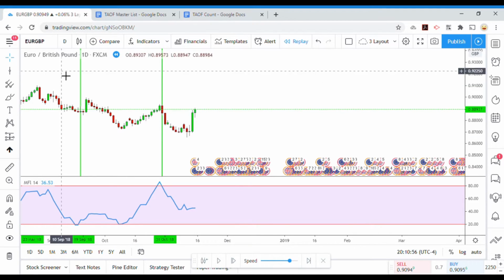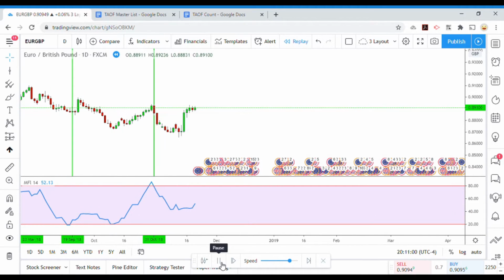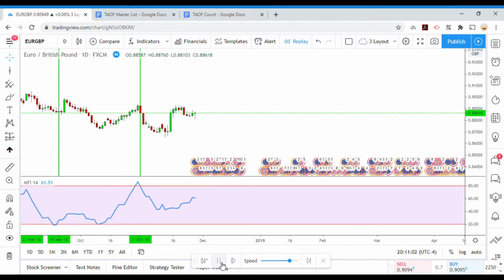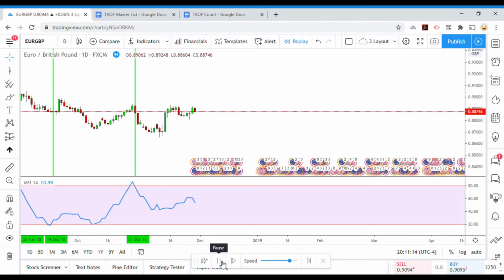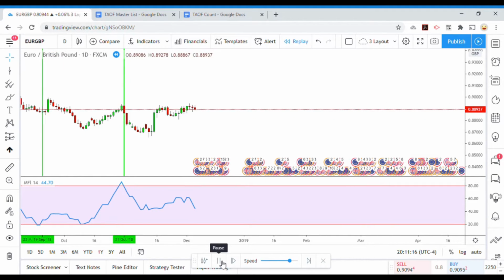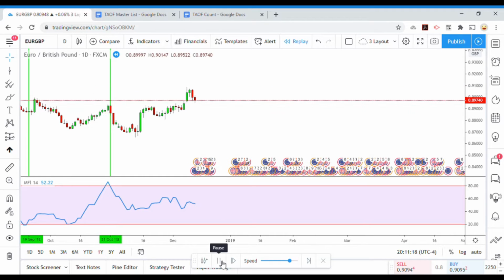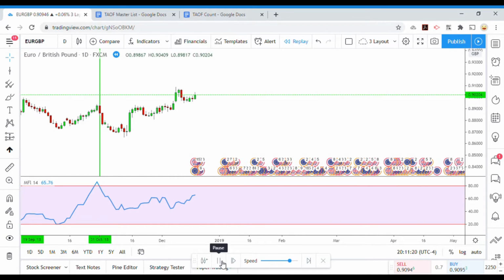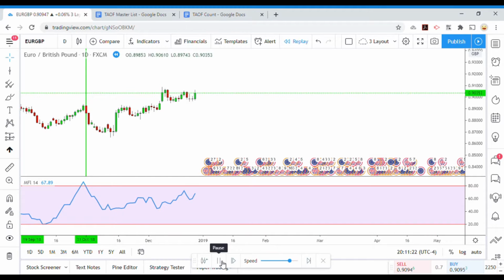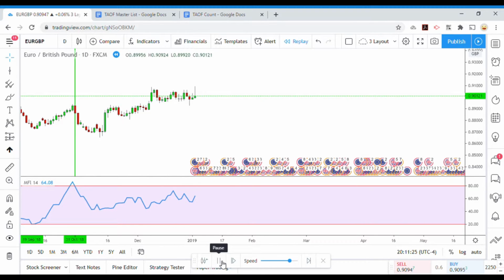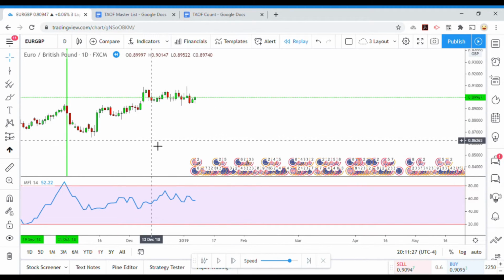But the problem is that you will find, because a lot of these pairs are crosses of each other, that you will be getting the same trading signal just about the same exact time across a lot of these different pairs. And so it really does narrow down the amount of trades that you will be able to take.